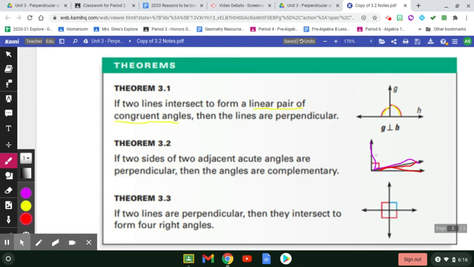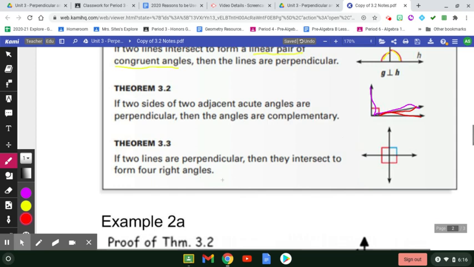So they have to tell you that these two angles are perpendicular, the purple and the red, for you to be able to say that they are complementary, or add up to 90 degrees. The last theorem that we can use: if two lines are perpendicular, so this line here and the one going horizontal, then they intersect to form four right angles.